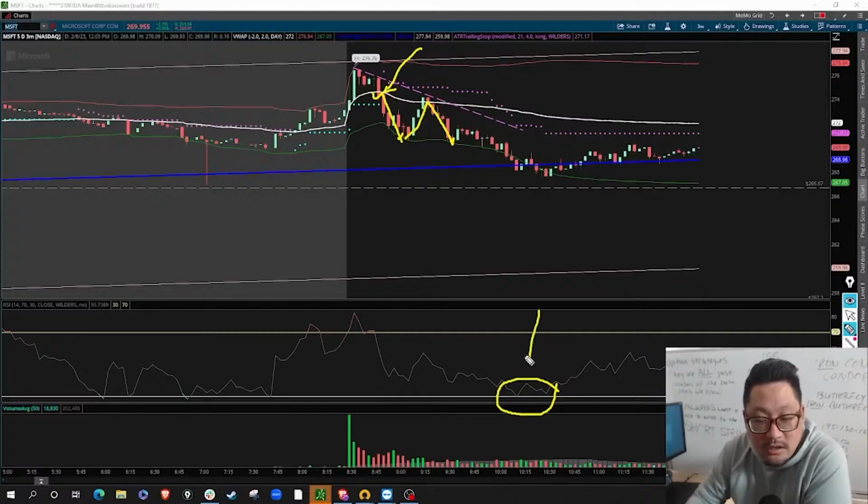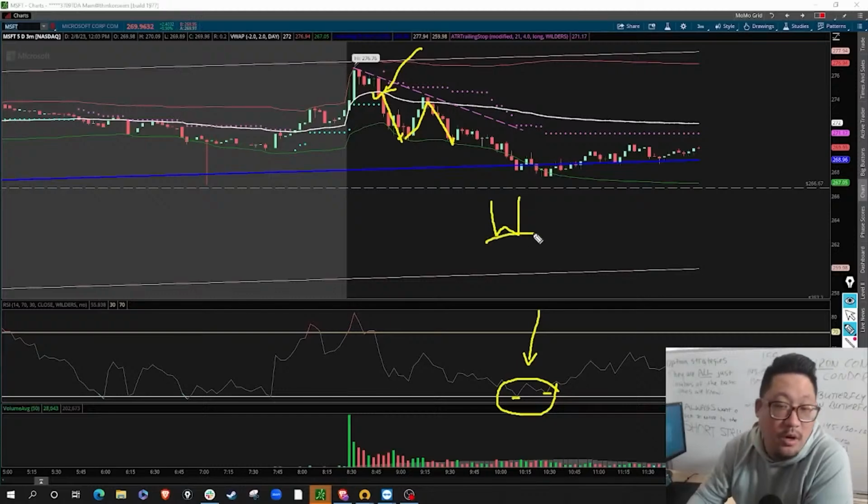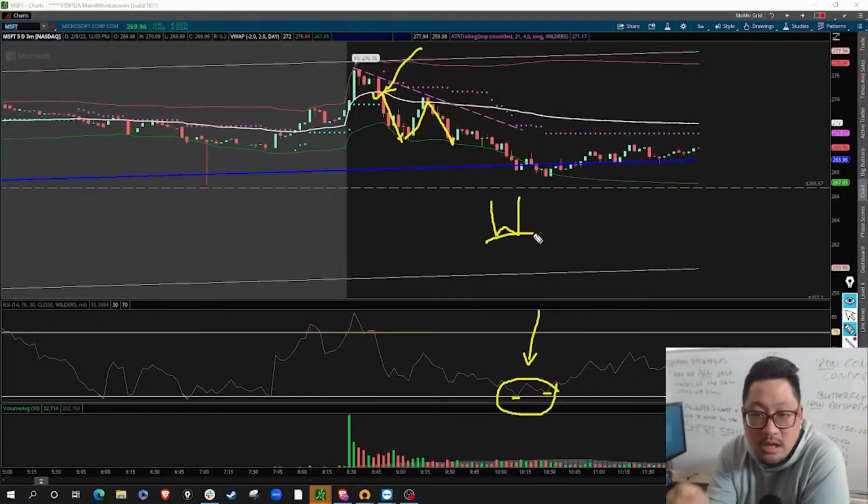Finally, it started to look like a potential reversal. Look at that higher low reversal. That's a higher low. It's creating a W formation. And if you look on our Prosper Trading Academy channel, I have a video covering the W and the M formation as a reversal sign.